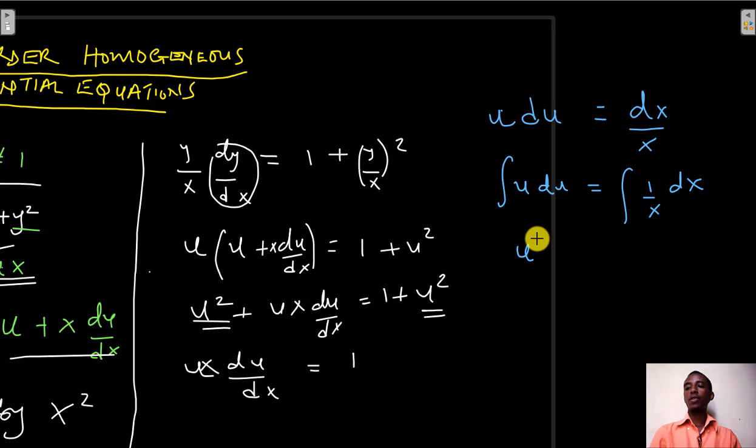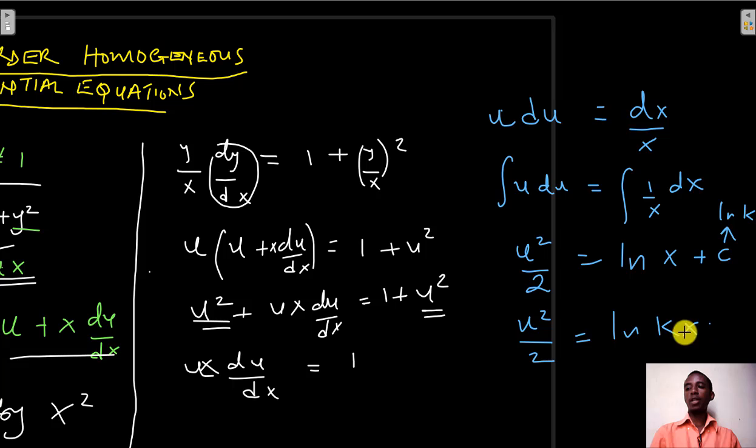That's what we'll have. This is u squared over 2. On the other side, we have natural log of x plus a constant. I can write this c as natural log of k. So I write this as u squared over 2 equals natural log of kx. Okay, so k is also another constant, so this is totally fine.